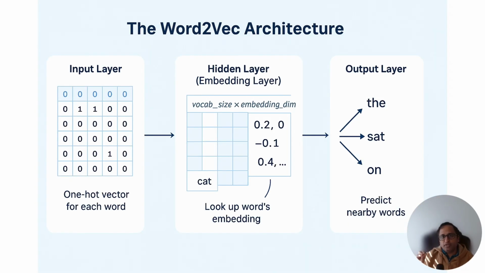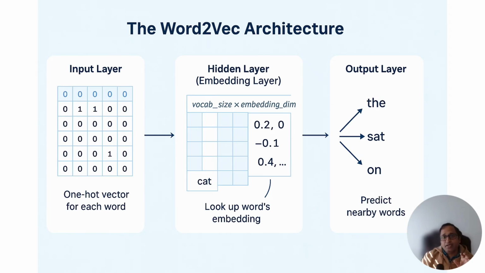So the word2vec architecture is surprisingly simple. It's just a small feed-forward neural net with one hidden layer. The input layer represents the current word as a one-hot vector: all zeros except a single one for the active word, if you know one-hot encoding. That vector is multiplied by the first weight matrix, which instantly selects the corresponding row of weights, and that becomes the embedding for the word.